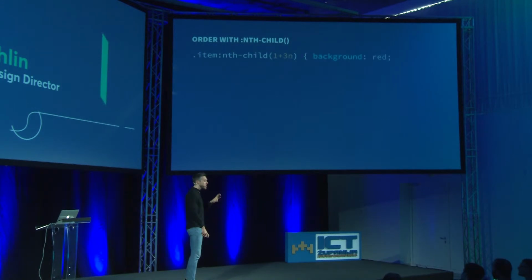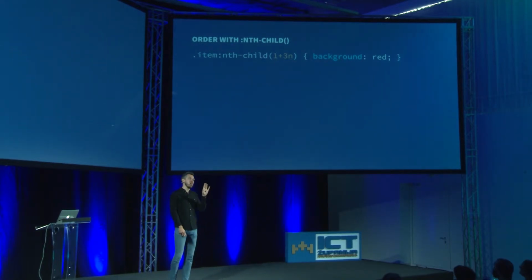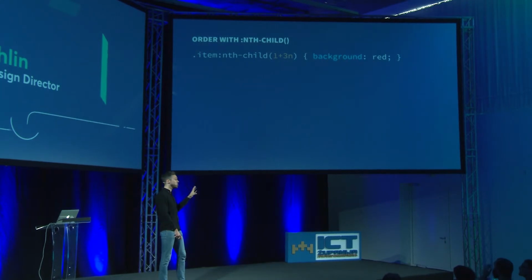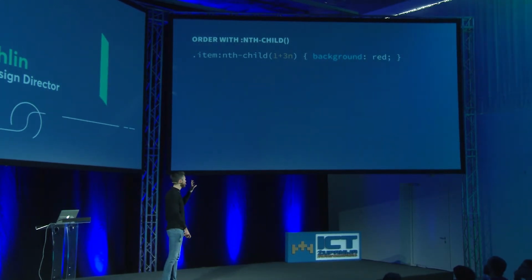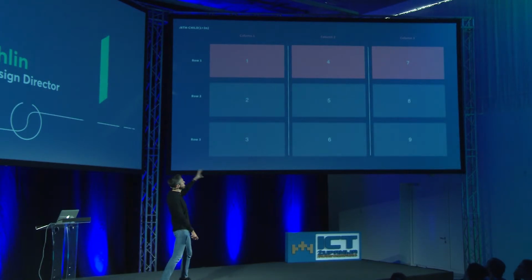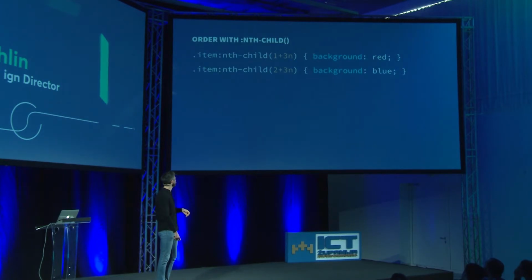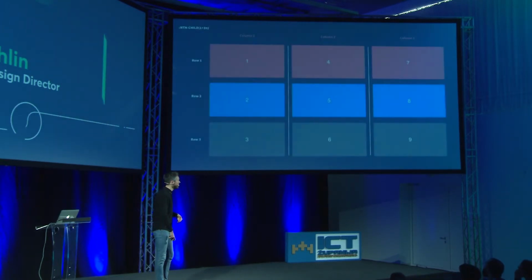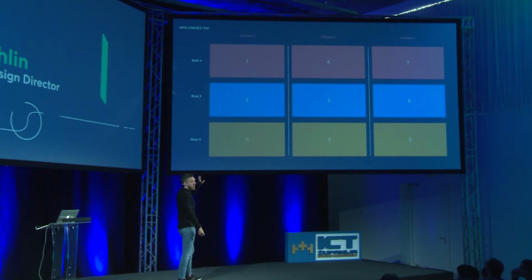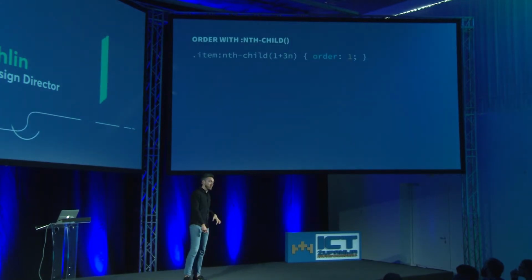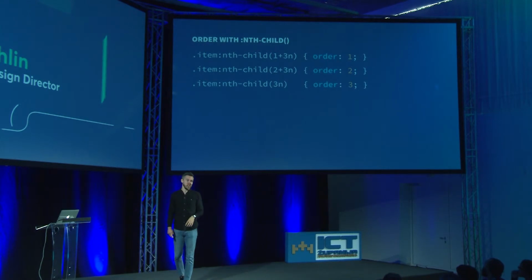So we can do that by using nth-child and the algorithm that we talked about before. Let's start by painting and visualizing which boxes we want to select. If we do this and return to our table, we can call the first one, or every third with an offset of 1, red. Then we can color the other ones blue, and then the third selector yellow. Okay, so if we then take these and replace them with order, we've got order 1, order 2, and order 3.